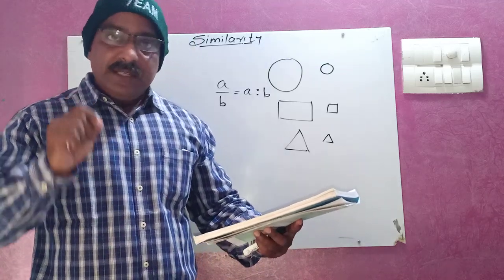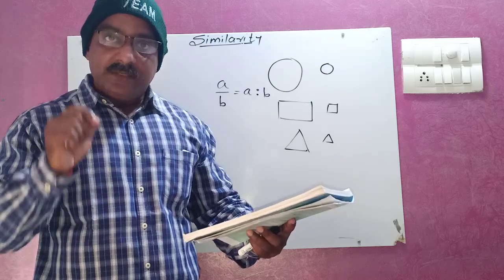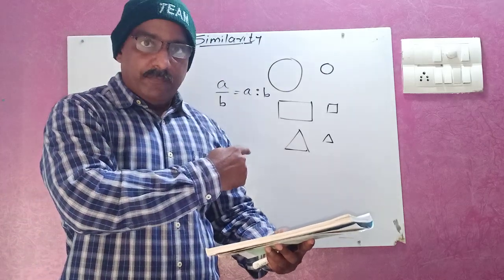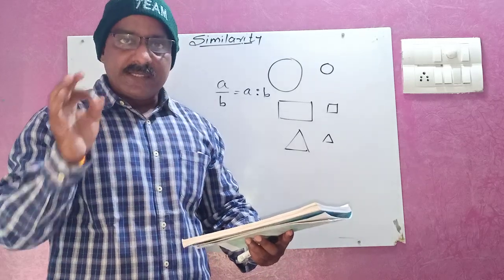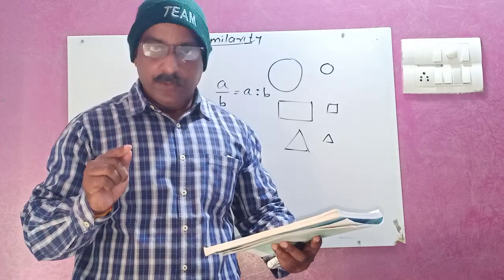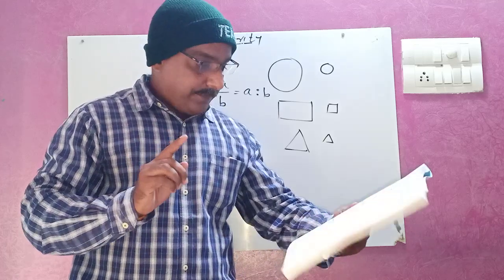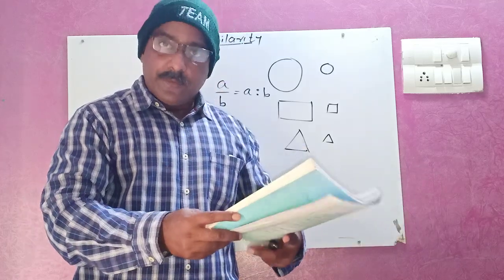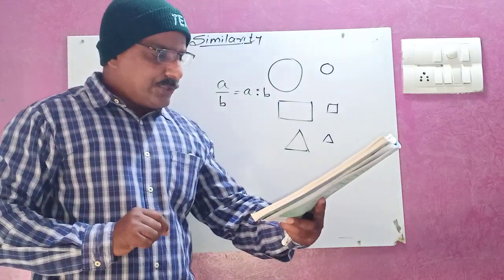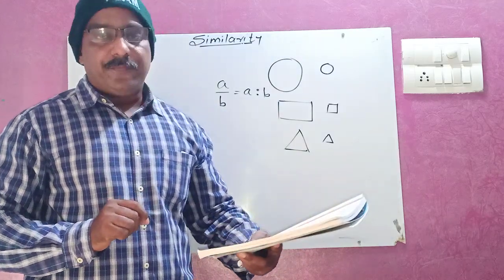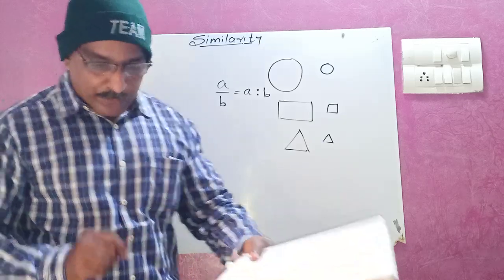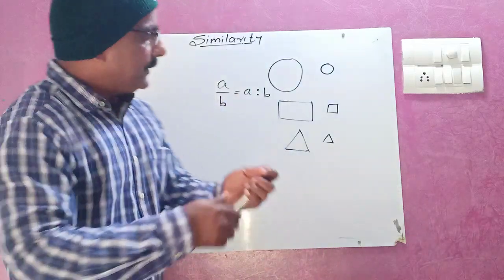Each and every sum which is solved in the textbook and whatever I am going to solve, each sum you should write down in your notebook. Okay? So I will begin with the first part of the chapter, that is ratio of areas of two triangles.